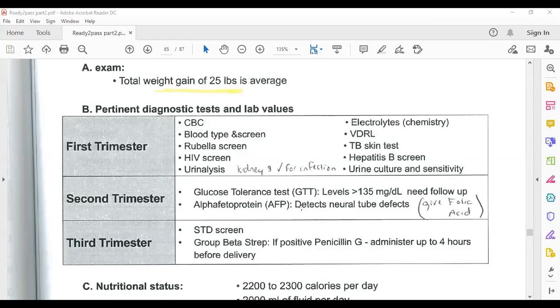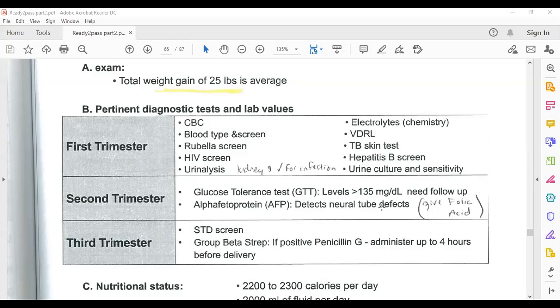So alpha fetoprotein can detect neural tube defect or Down syndrome, right? If alpha fetoprotein is increased more than normal, it indicates neural tube defect.